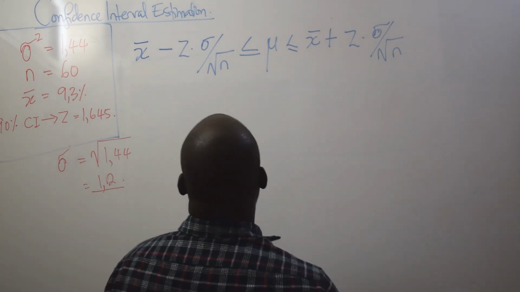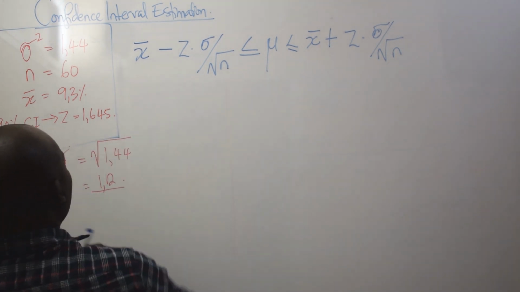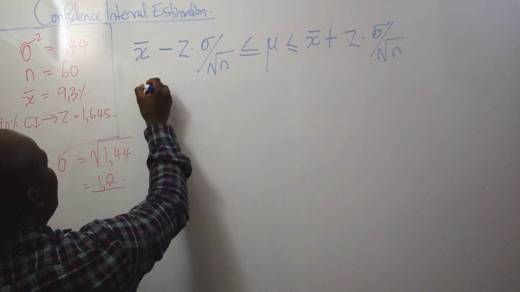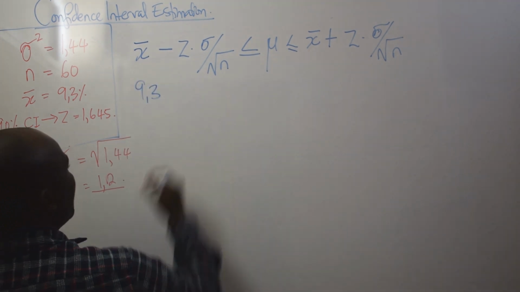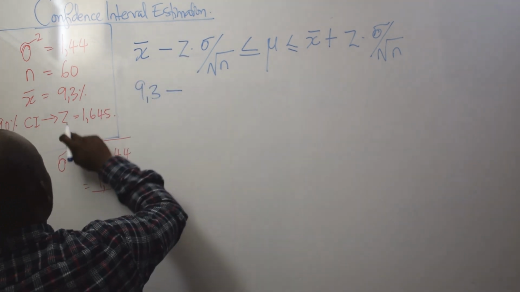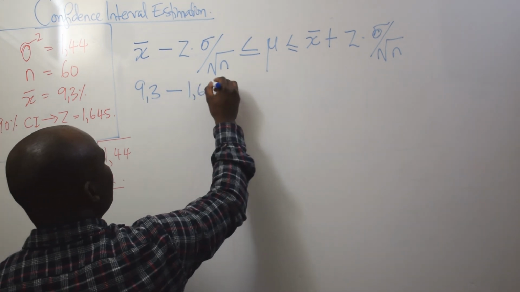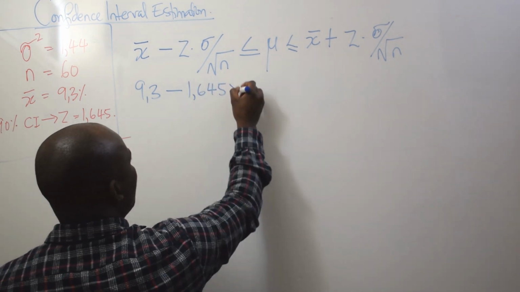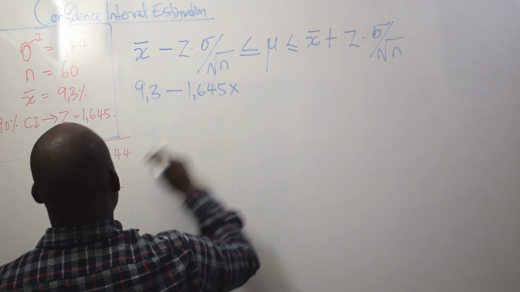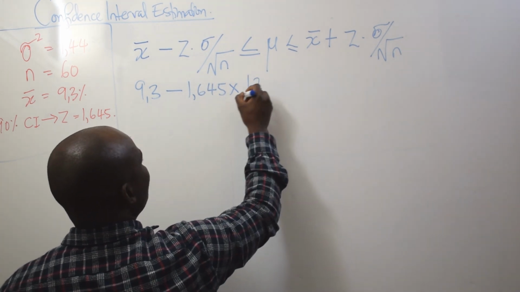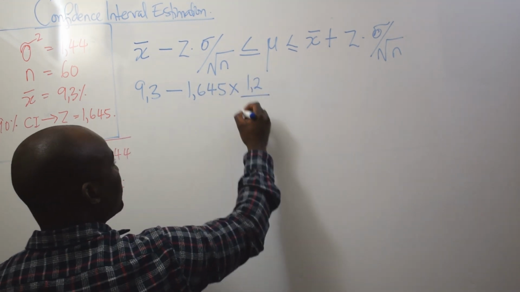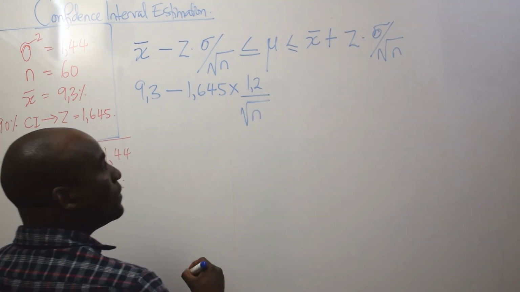Substitute. So substituting, x bar would be your 9.3 minus z, which is 1.645, multiplied by sigma, which is now the 1.2, over the square root of n.